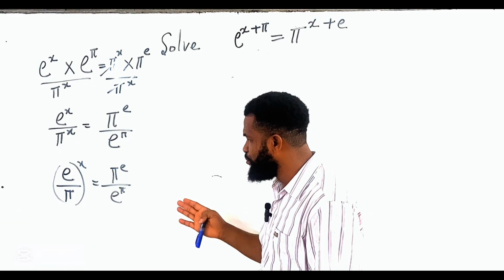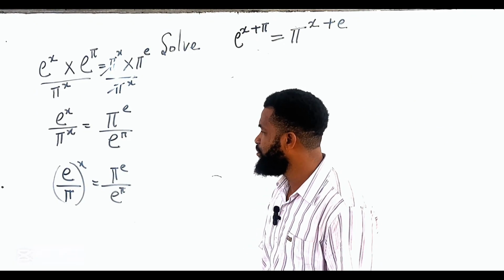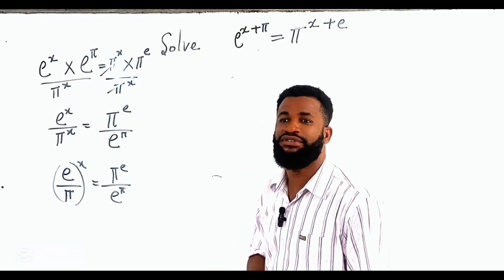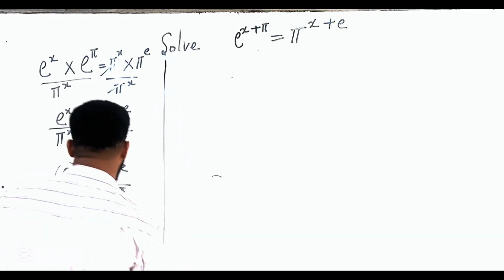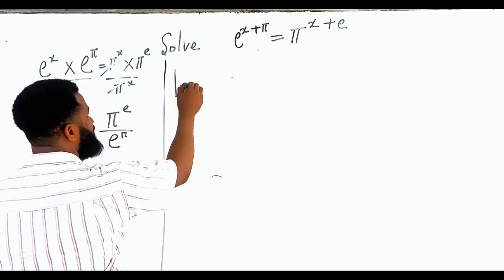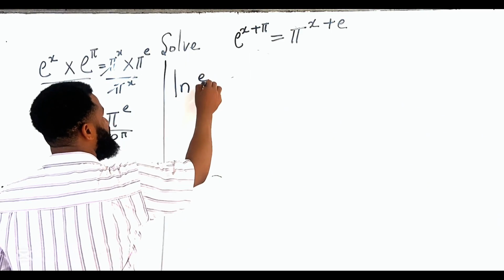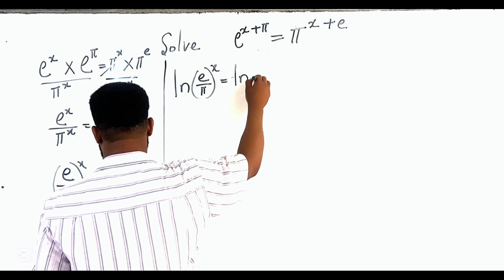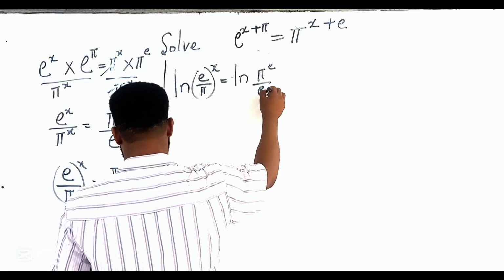Remember, I'm looking for x. So what I'm going to do right now is to employ the instrument of natural logarithm. At that point, I'm going to take ln of e over pi, all raised to power x, which is equal to ln of pi raised to power e all over e raised to power pi.